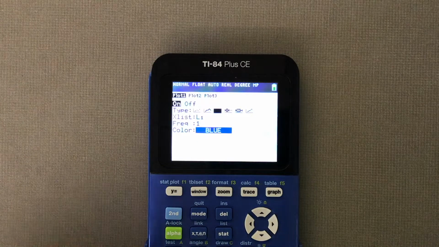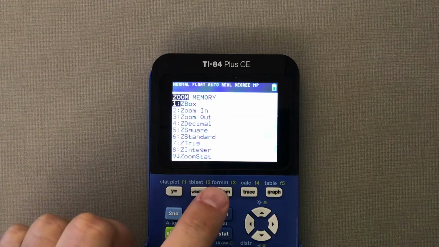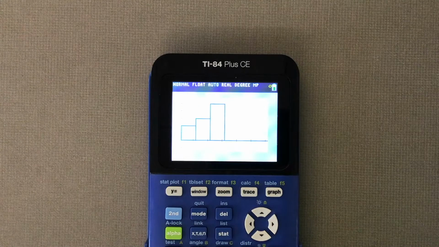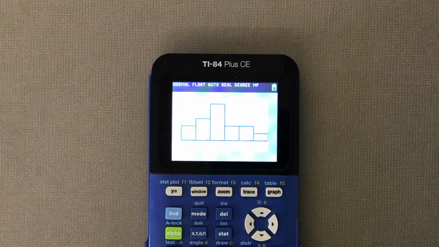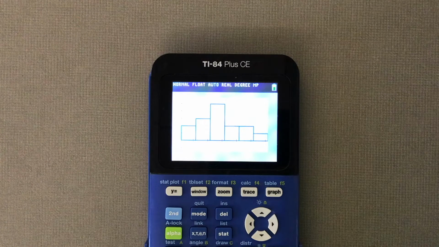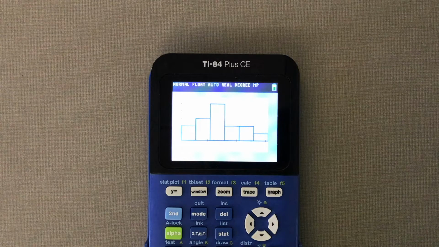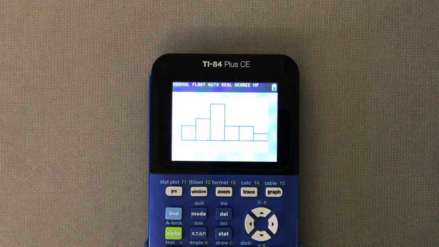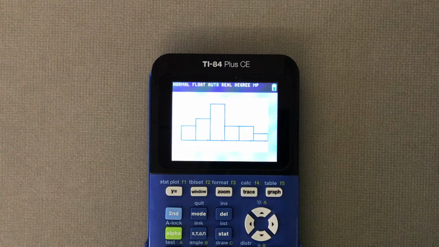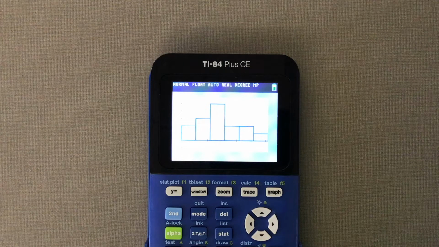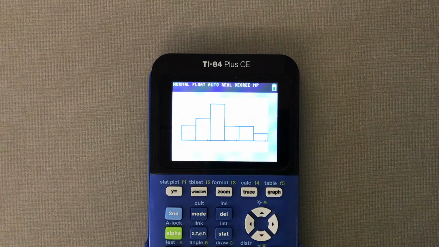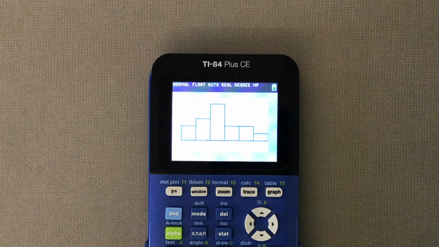The rest of that looks fine, so I'll hit zoom 9. And there's the histogram of the data, which I can see has a single peak, so unimodal, and roughly symmetric, roughly bell-shaped. Right now, I am not thinking this is crazy skewed, so I'm in the boat of nearly normal.